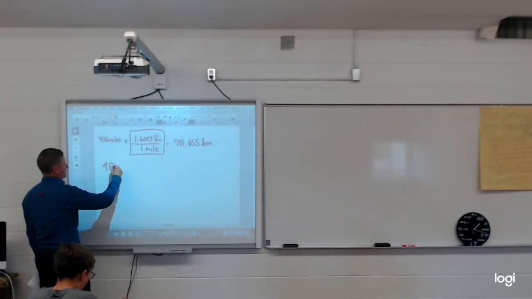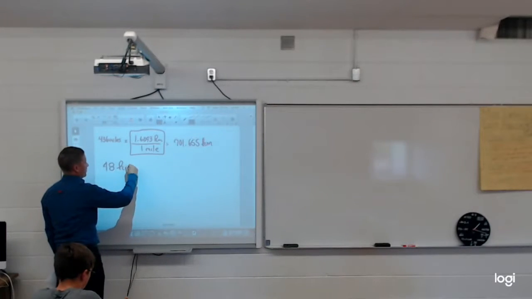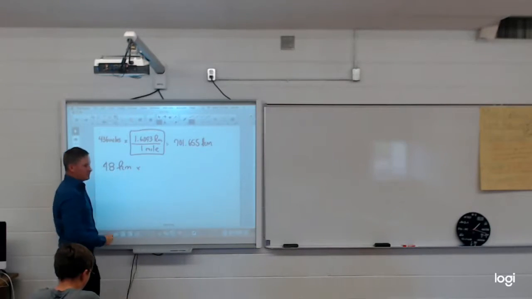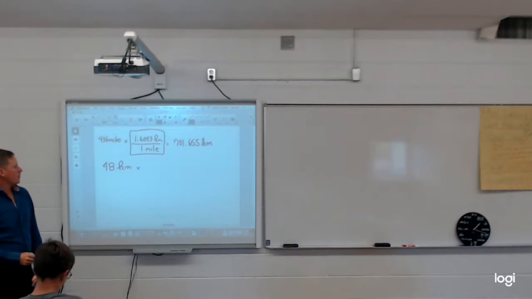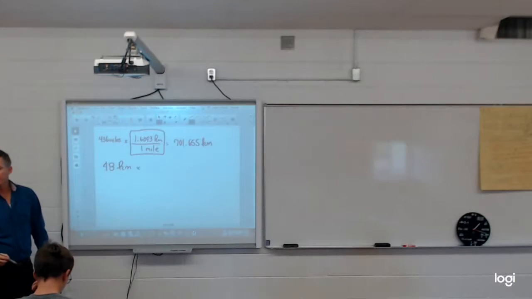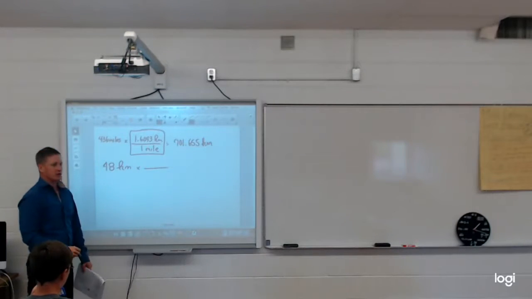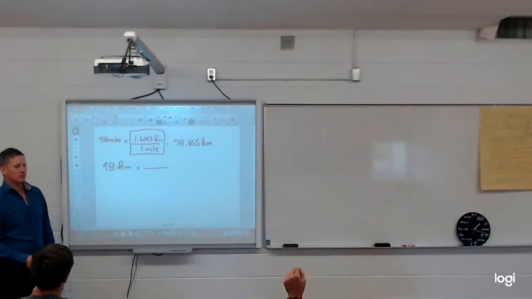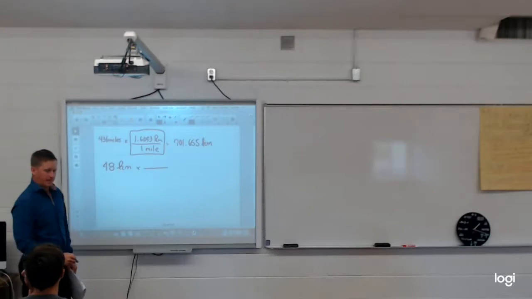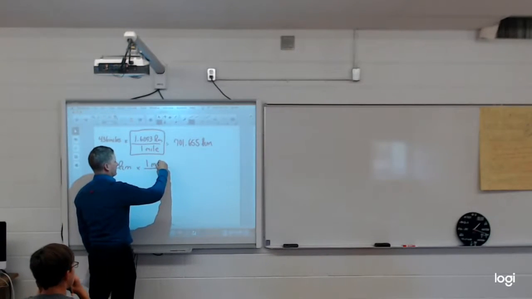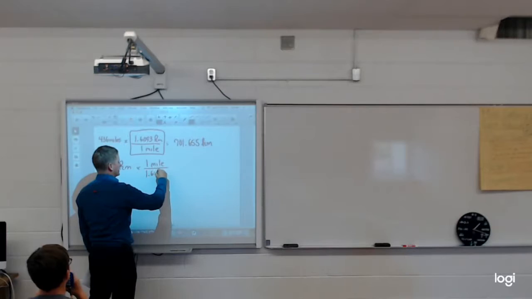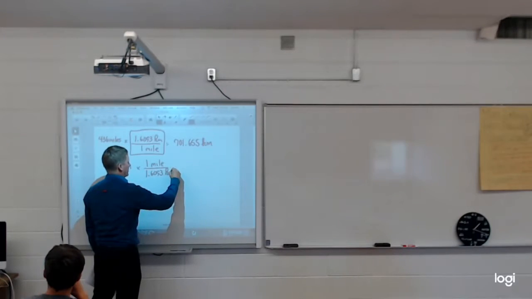I would like you to change 48 kilometers into miles. So if that's the case, what should my ratio read now? 1 mile over 1.6093 kilometers. Very good. Good job, Harley.